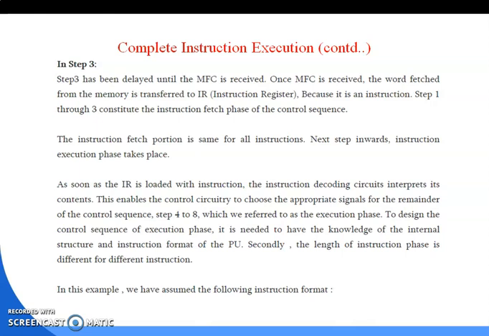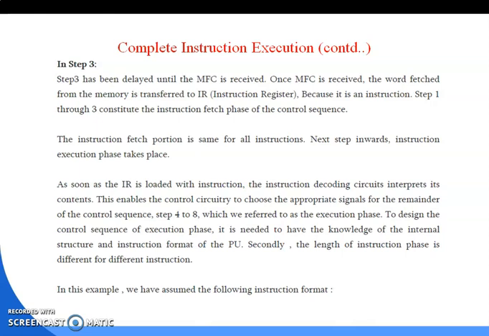Next, the instruction execution phase takes place. As soon as the instruction register is loaded with the instruction, the instruction decoding circuits interpret its contents, and this enables the control circuits to choose the appropriate signals for the remainder of the control sequence, steps 4 to 8, which we refer to as the execution phase.